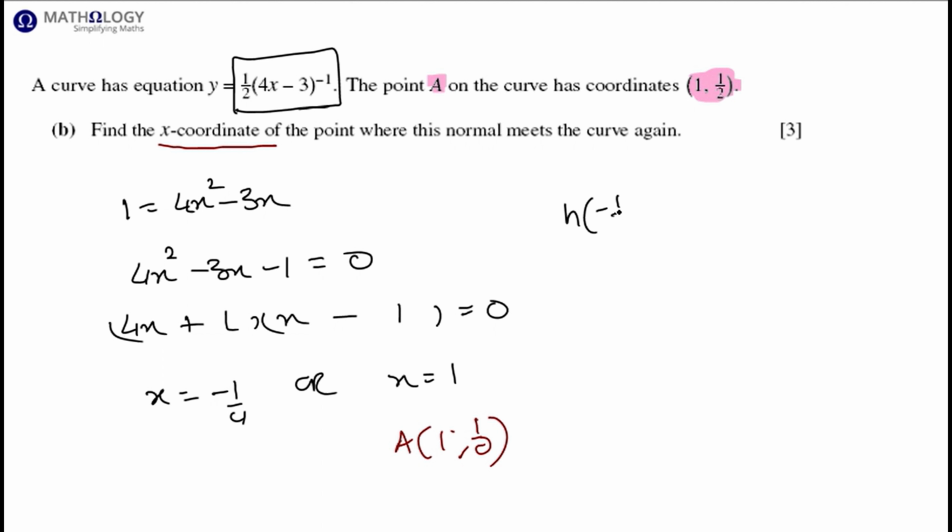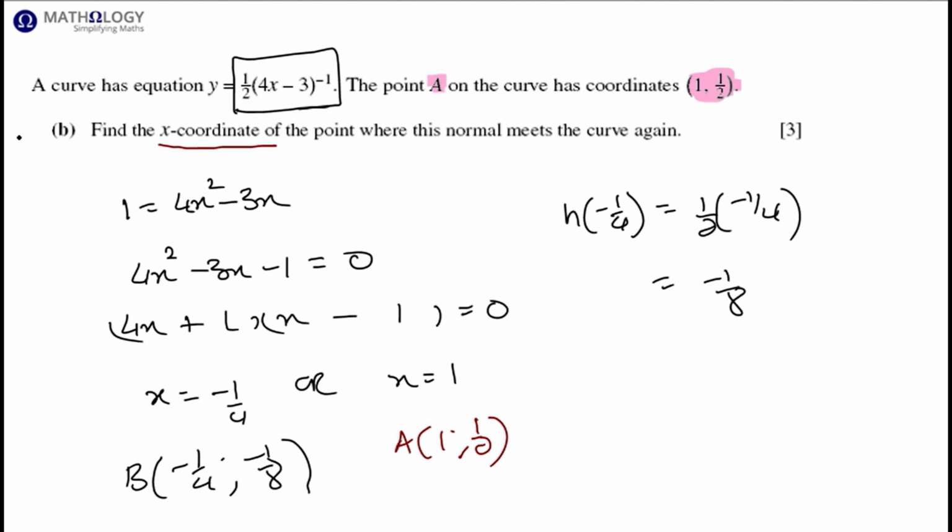So I'm going to substitute -1/4 into h of x. The equation of the normal is y = 1/2 x, so it's 1/2 times -1/4, which is -1/8. So if we call this point B, then point B will be (-1/4, -1/8). And B is the point where the normal meets the curve again.